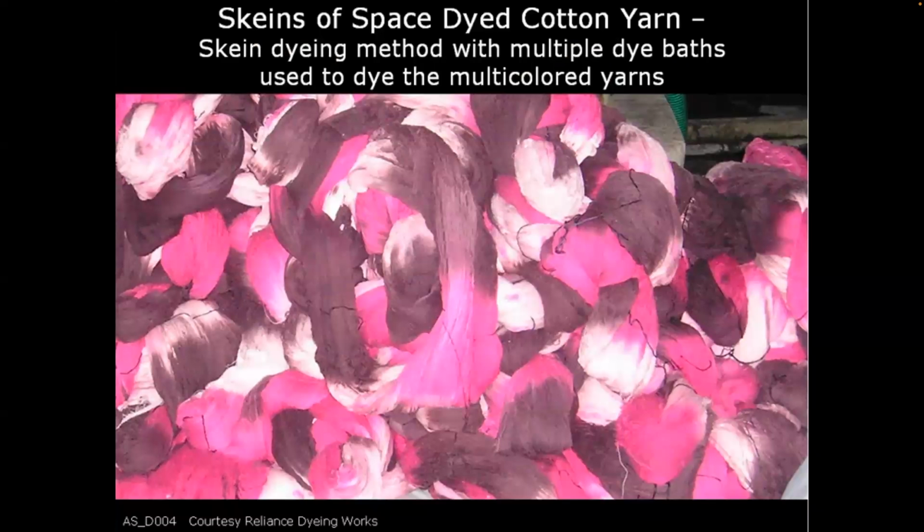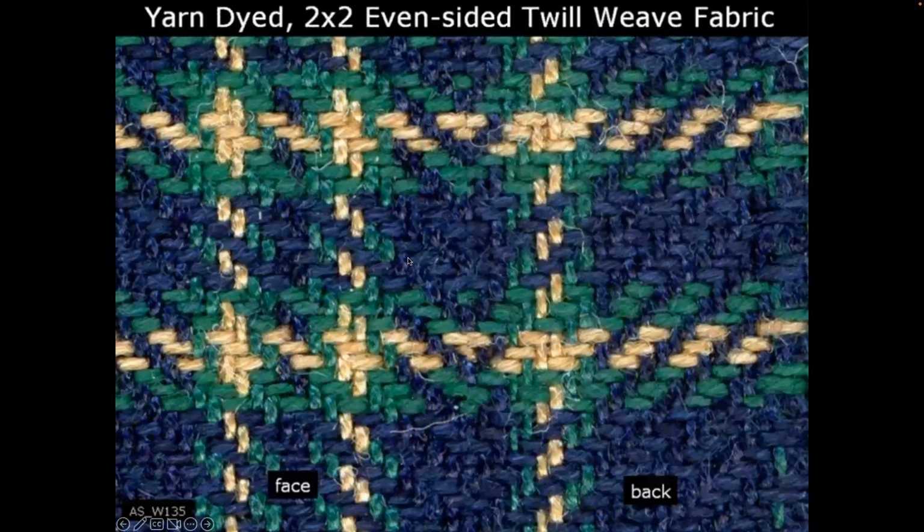This is skein dyeing, where the cotton yarns are all on a skein instead of on a bobbin or on a cone, and you just dye them. Now, these are dyed to multiple colors because they dipped parts of the skeins into different dye baths and created this kind of multicolored yarn.